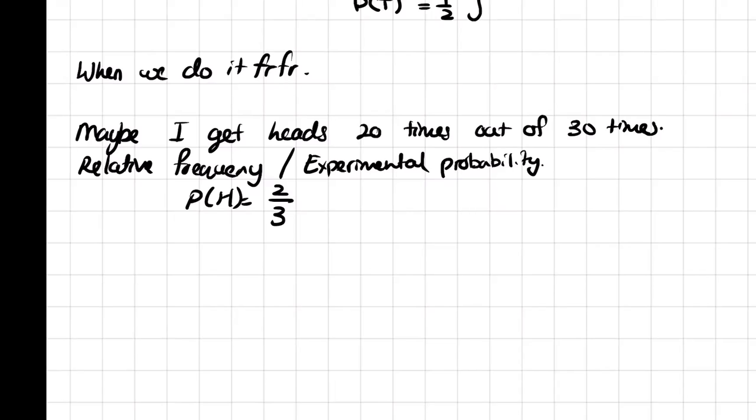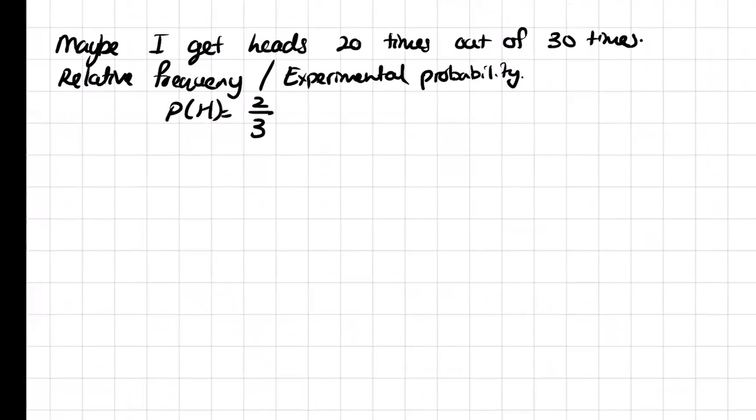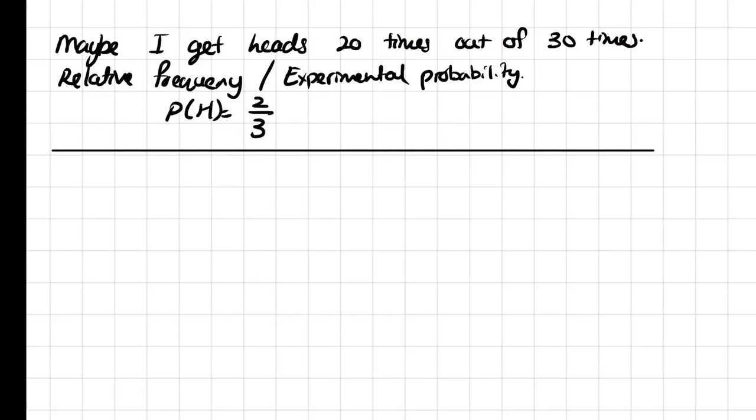But if I use a coin, it's not very accurate to relate to relative frequency or experimental probability. What's better is if I use something where it is completely impossible to determine the theoretical probability immediately.